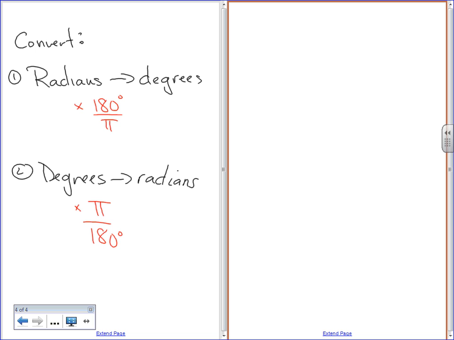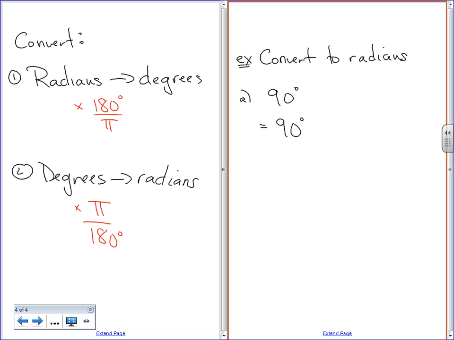So let's just practice doing a couple conversions. Convert 90 degrees to radians. We're all familiar with what a 90-degree angle looks like. To convert, remember the relationship is 180 degrees is equal to pi radians.